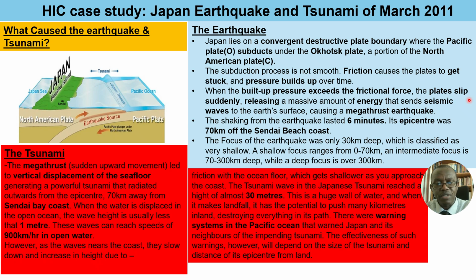Now, destructive here implies that one of the plates is an oceanic plate and the other one is a continental plate. And ordinarily, when you have two plates, one being continental and the other being oceanic, converging, then the oceanic plate, which is heavier and denser, will sink or subduct below the continental plate.